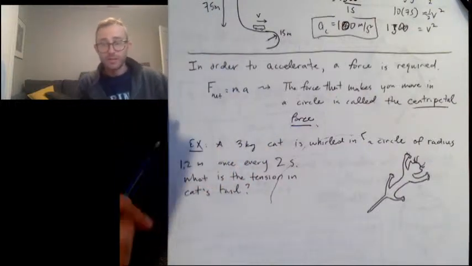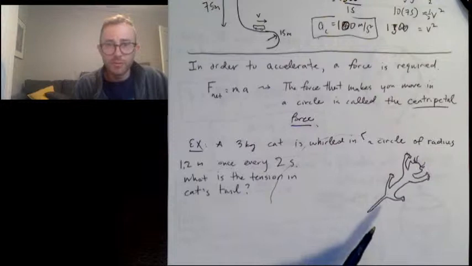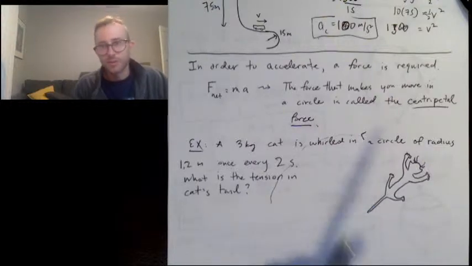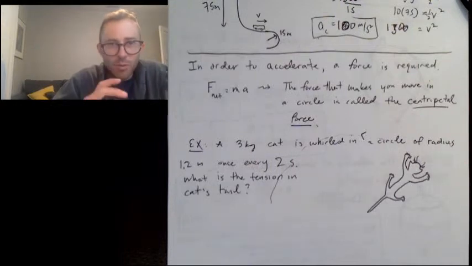Because that would be the centripetal force in this case, because it's the tail of the cat that is the thing. So when you want to figure out which force is the centripetal force, you want to think about, what is the force that if I removed it, the cat would no longer be going in a circle.